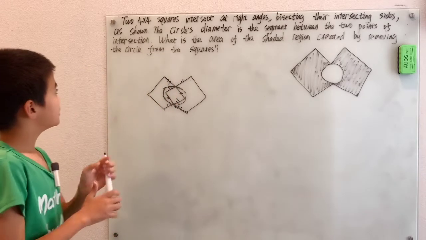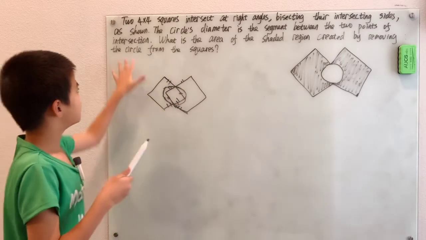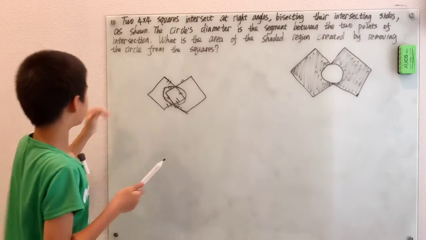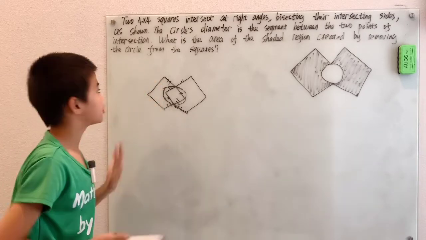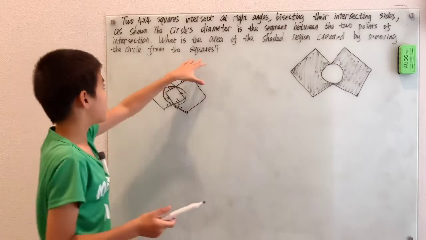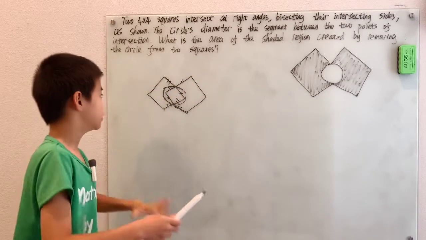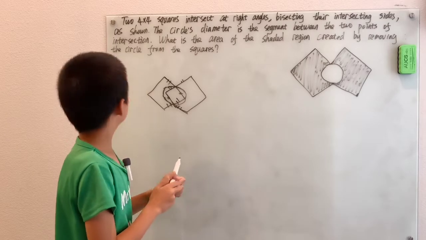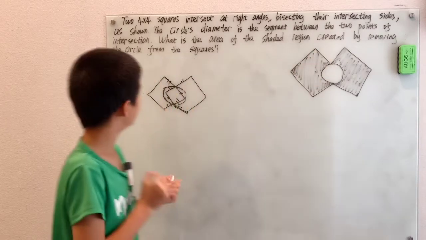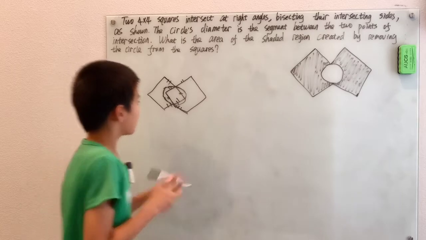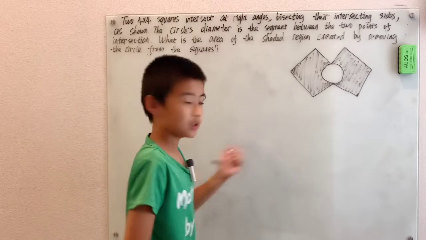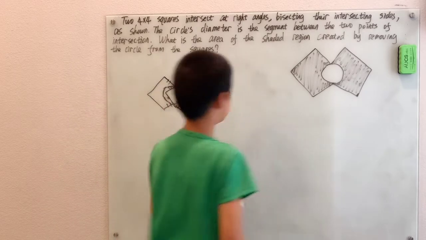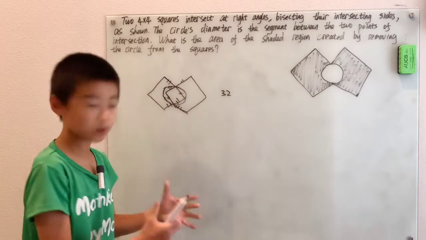Okay, so let's think about what they kind of hinted to us, removing the circle from the squares. We can first calculate the squares and then remove the circle instead of trying to calculate that funky little archy region. The two squares are both 4x4 squares, so they each have an area of 16, plus 16, which is 32.